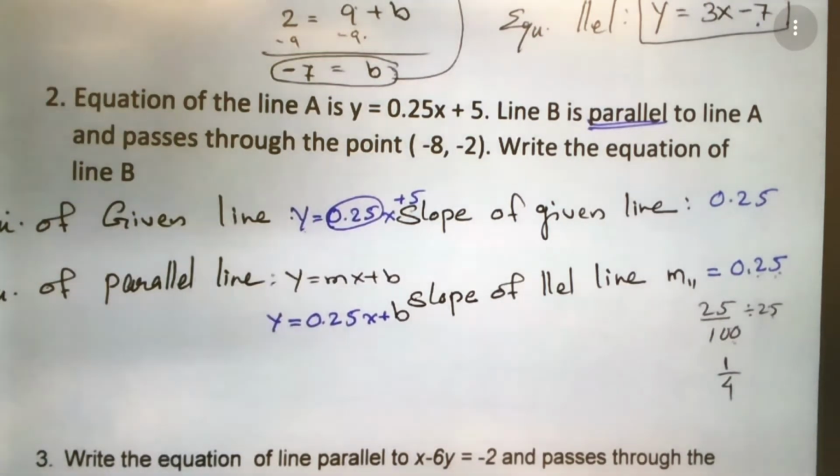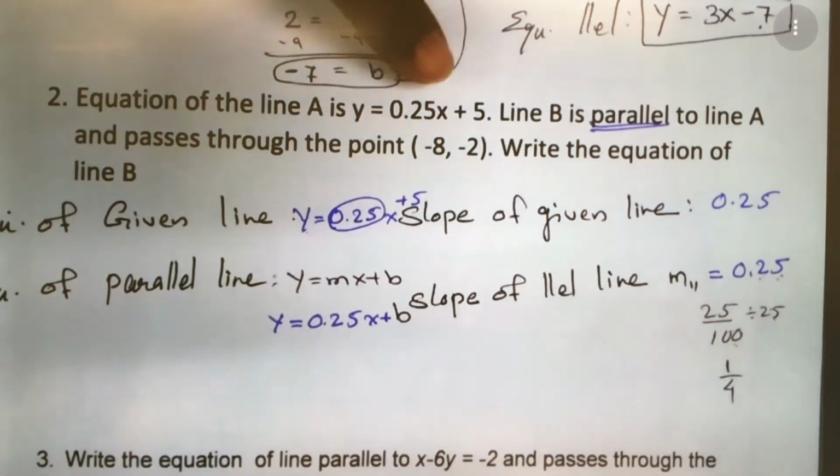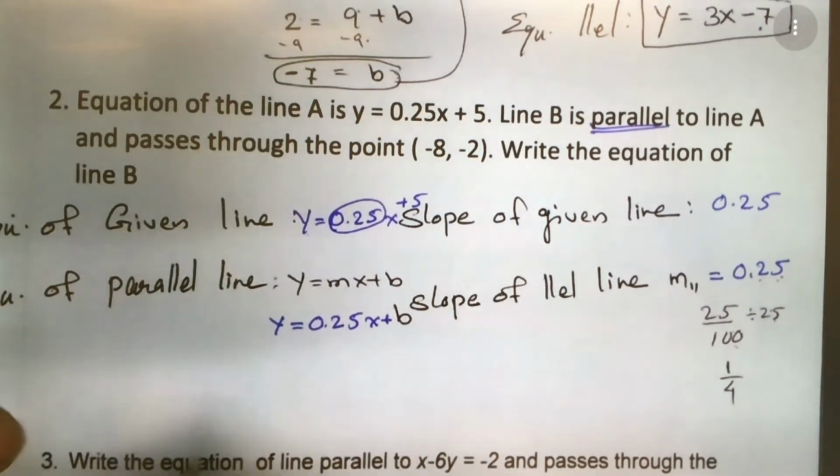Here we don't have to do it, because for a parallel line we can use the same slope, 0.25. But when we are doing the perpendicular, you have to convert it to a fraction. Anyway, I need to find out b. To figure out b, plug in the point (-8, -2) for x and y.